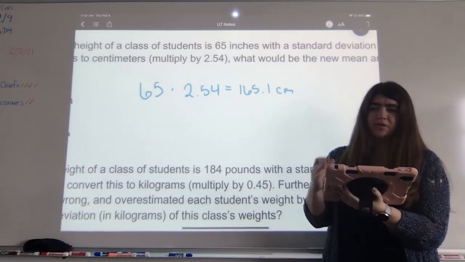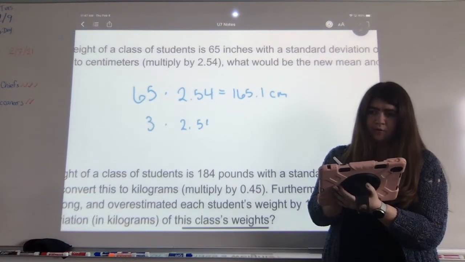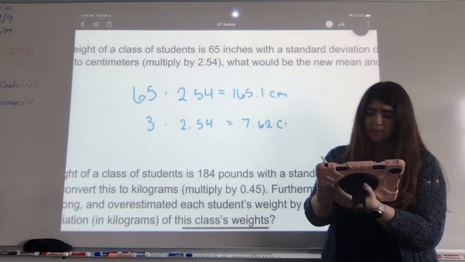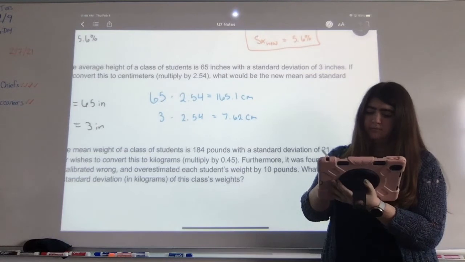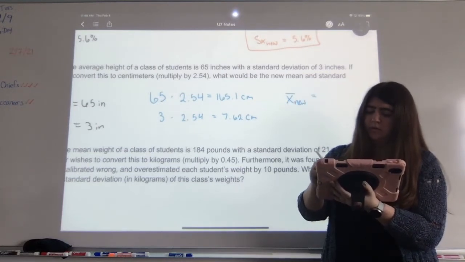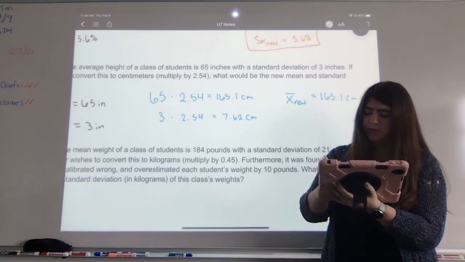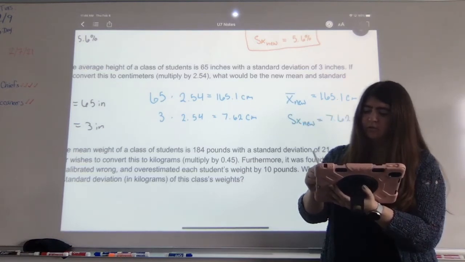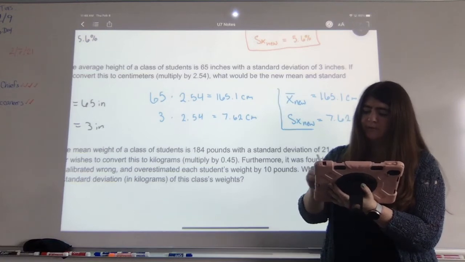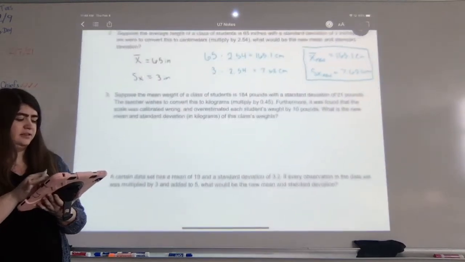And then I have to do my standard deviation as well, which was 3. 3 times 2.54 is equal to 7.62 centimeters. So my new mean, x bar new, is equal to 165.1 centimeters, and my new standard deviation is equal to 7.62 centimeters, because once again, both of those things are affected by multiplication.